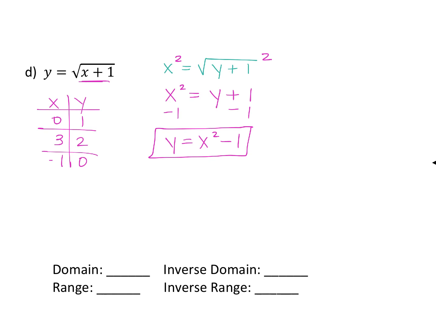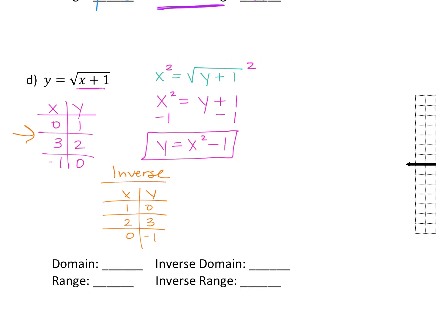Okay, that means my inverse then is what 3 points? 1, 0, 2, 3, and 0, -1. We're just swapping, right? We're just switching our X's and our Y's. Okay, so let's graph those.